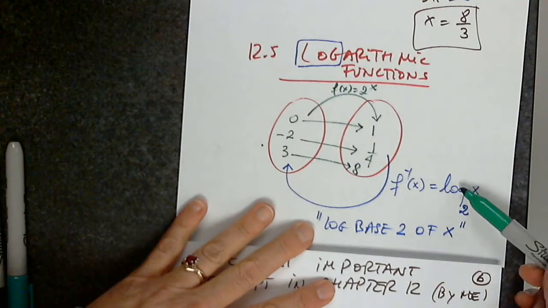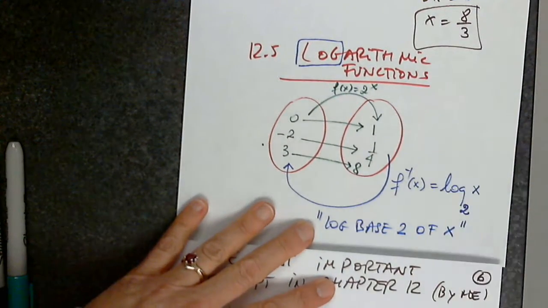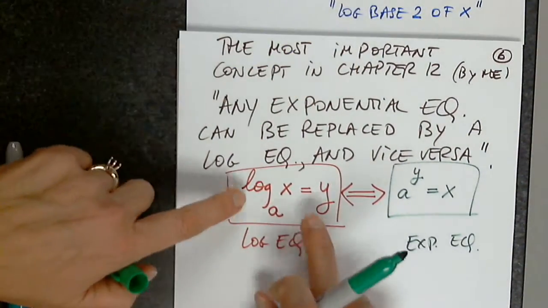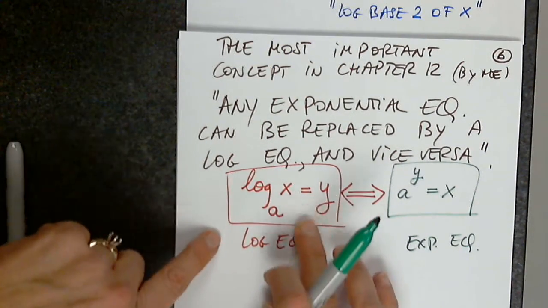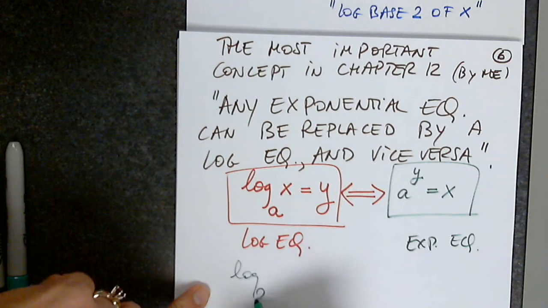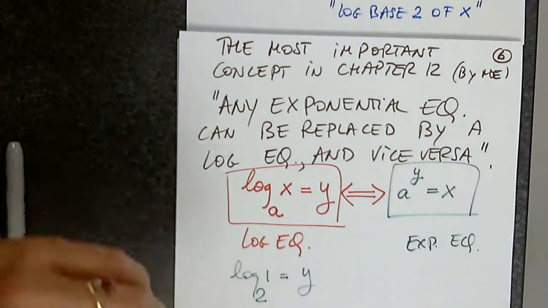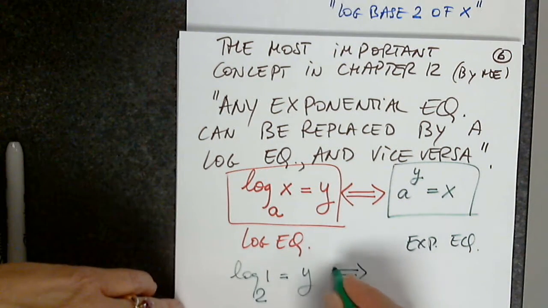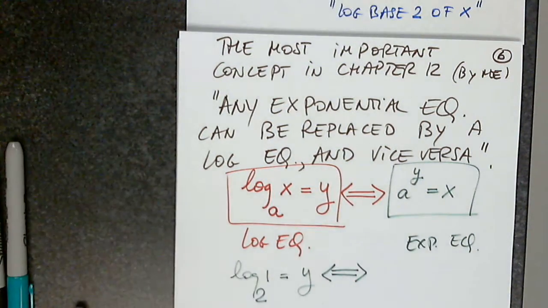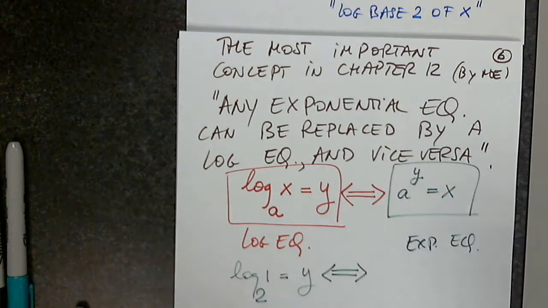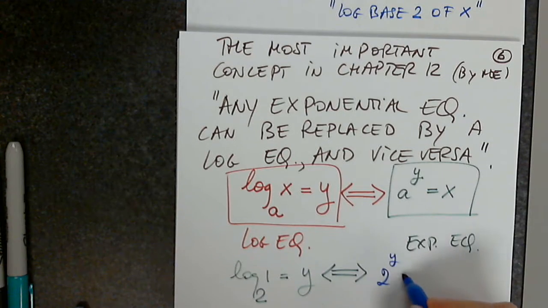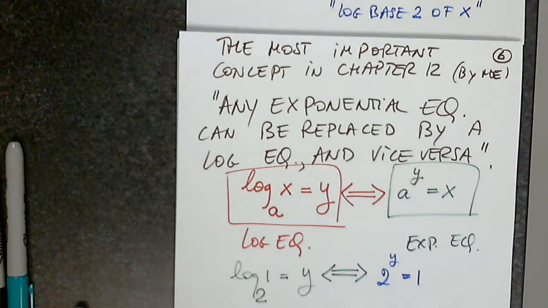So I'm going to apply log base 2 to 1. Well, let's see what happens. I'm just mimicking the left-hand side. Log base 2 of 1 is a number y. I have no idea what it is, but this is definitely equivalent to, and please tell me what to write, 2 raised to y equals 1. 2 raised to only one number will ever give us 1.